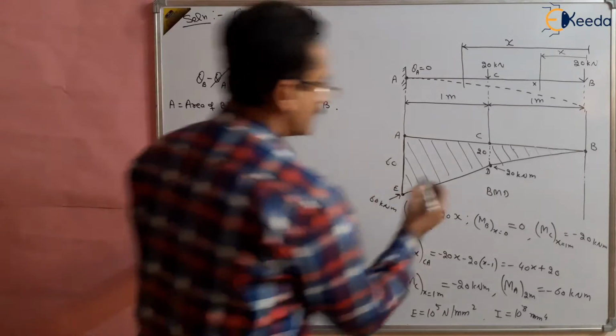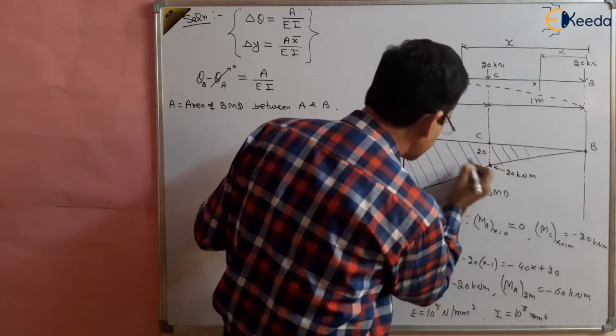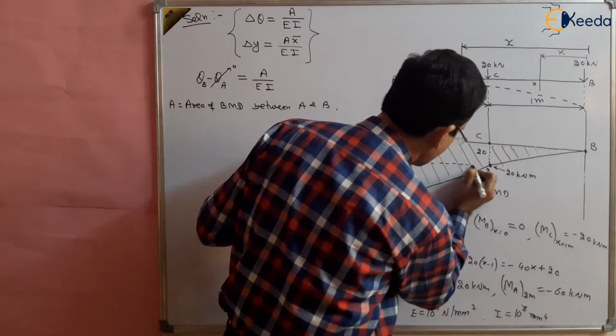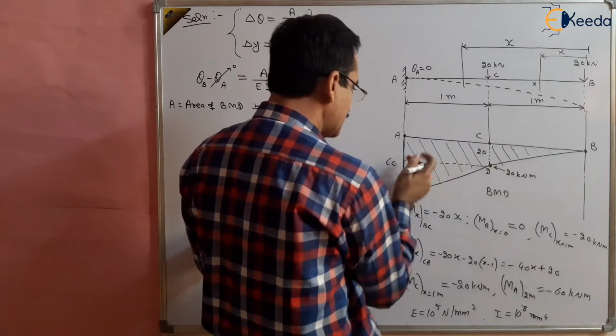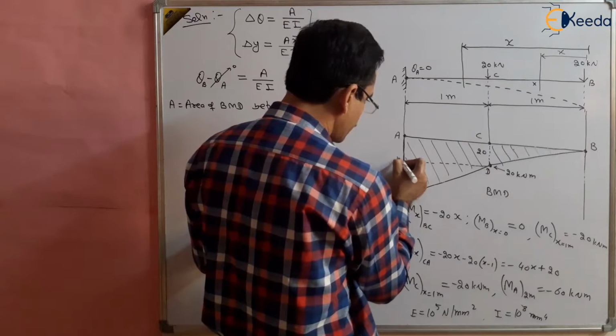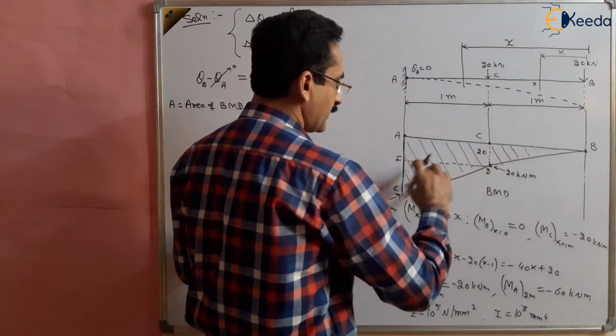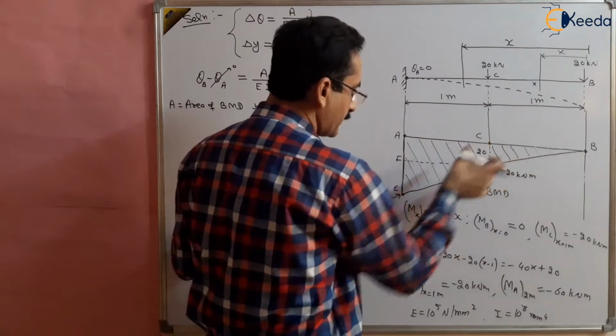We can divide this into two triangles. We can take a triangle here also, taking a parallel line from C to D, suppose F, right? So there are now one rectangle and a triangle and another triangle.